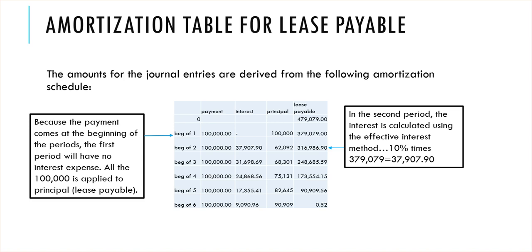So the interest periods is really 5, but when we do our present value calculations, it's 6. A little confusing, isn't it?